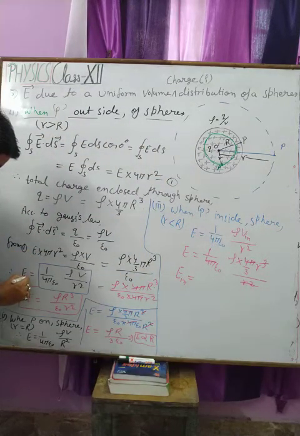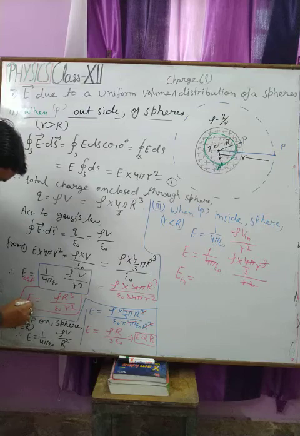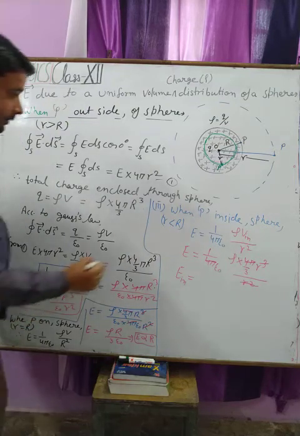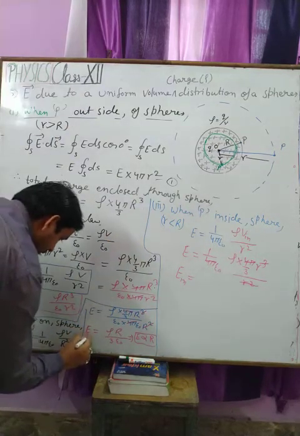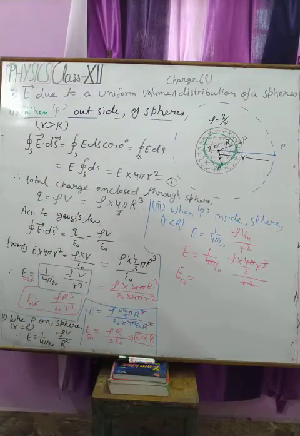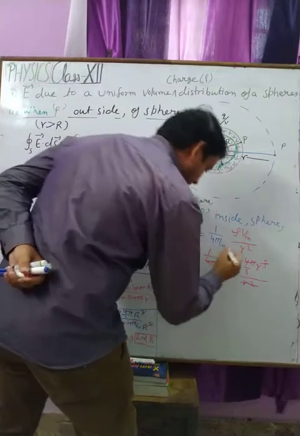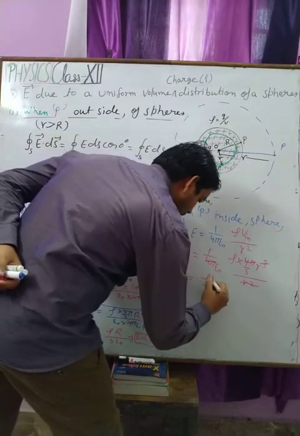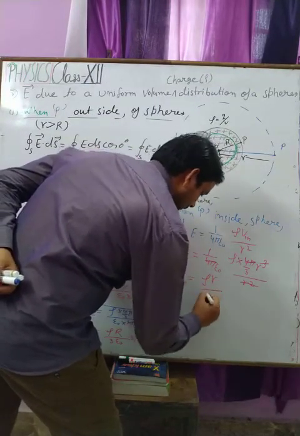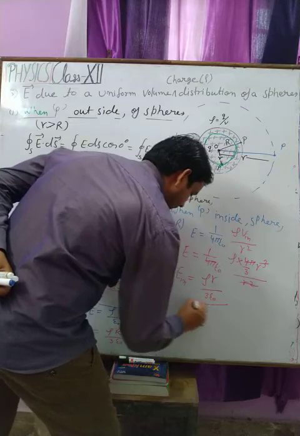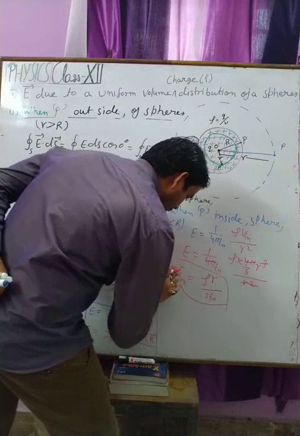This is outside. This is on the surface, and this is electric field inside due to the sphere is rho small r upon 3 epsilon naught.